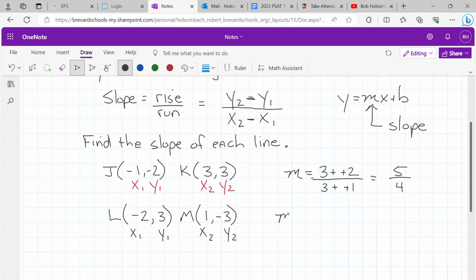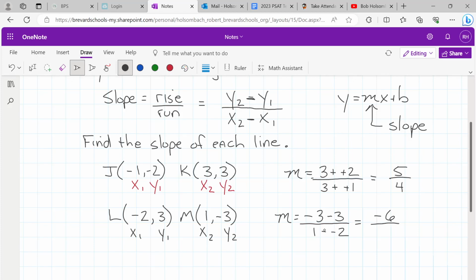So our slope is equal to negative 3 minus 3 over 1 minus negative 2. So negative 3 minus 3, that's negative 6.